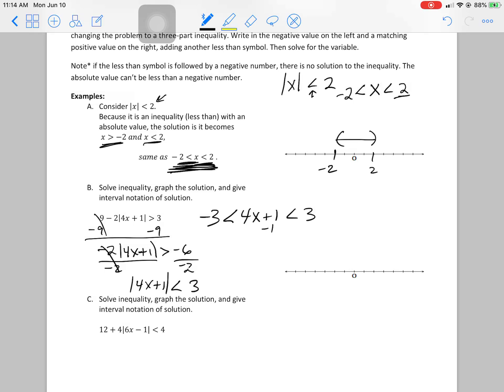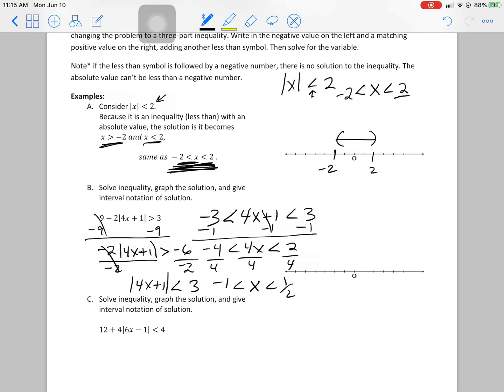So if I solve these like you would before in the last lesson, negative 1, and I didn't divide by a negative, so I'm not flipping anything. I would flip both of them if I needed to.